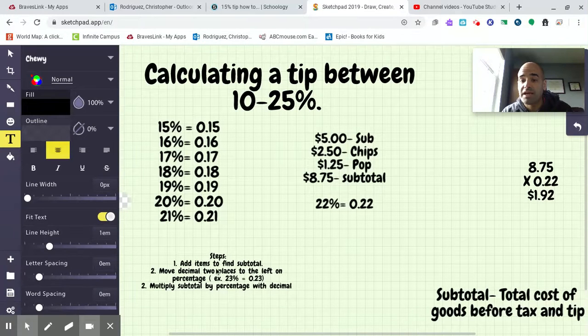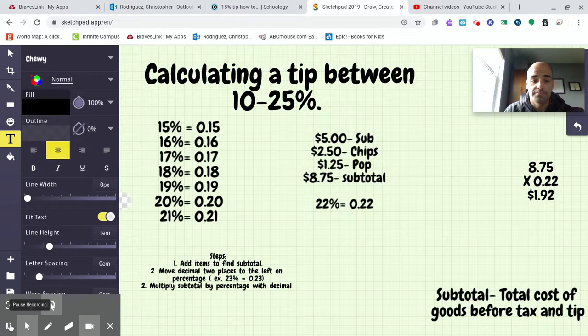I moved the decimal 2 places to the left to get 0.22. I multiplied the subtotal by that percentage, the 0.22, to get $1.92. So that would be the 22% tip on $8.75. I'm going to pause this and I'm going to do one more as an example.